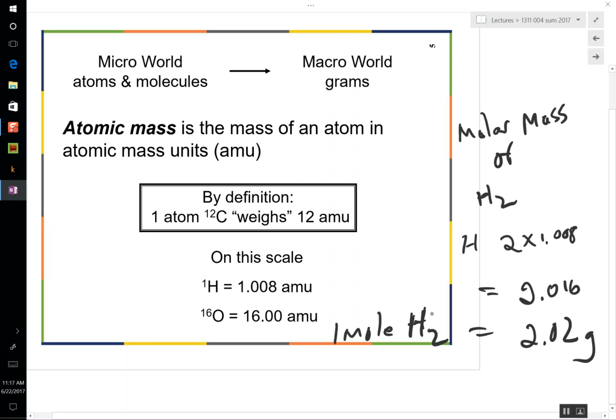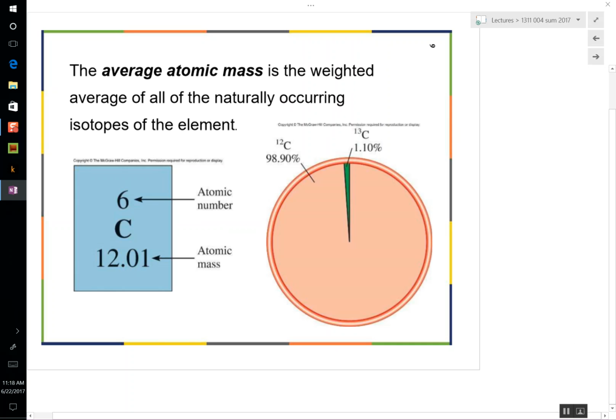Because it is diatomic, you have to keep in mind the molecule has 2 hydrogens in it.